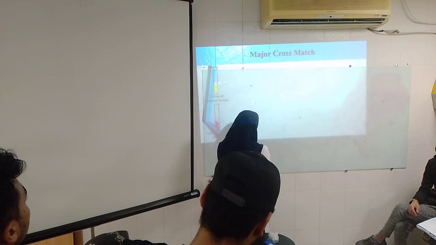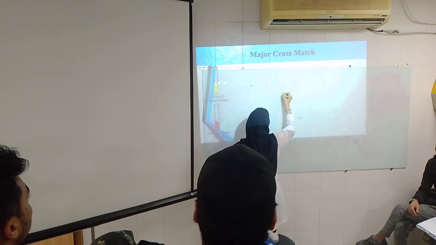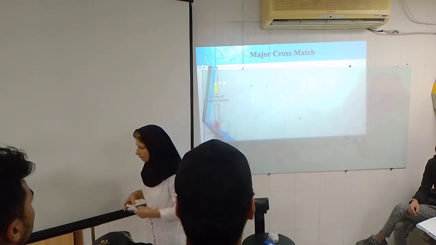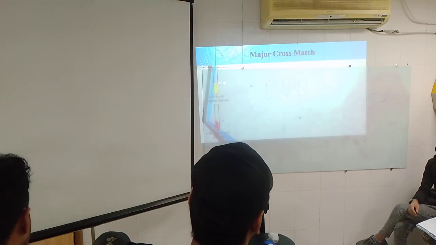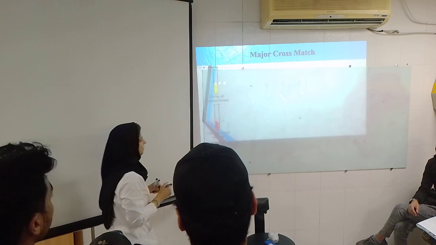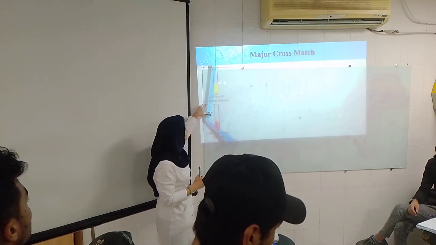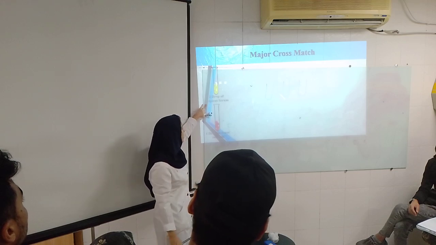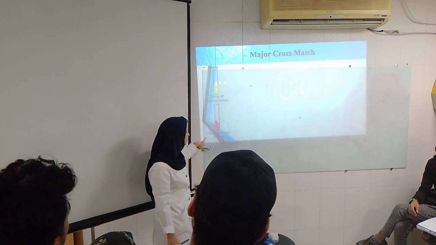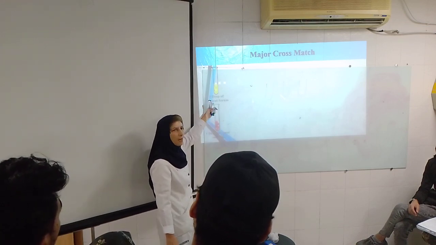For cross-match test, in the laboratory, we put 3 tubes. In the first tube, we add 2 or 1 drop of recipient serum with 1 or 2 drops of donor red blood cell or vice versa.